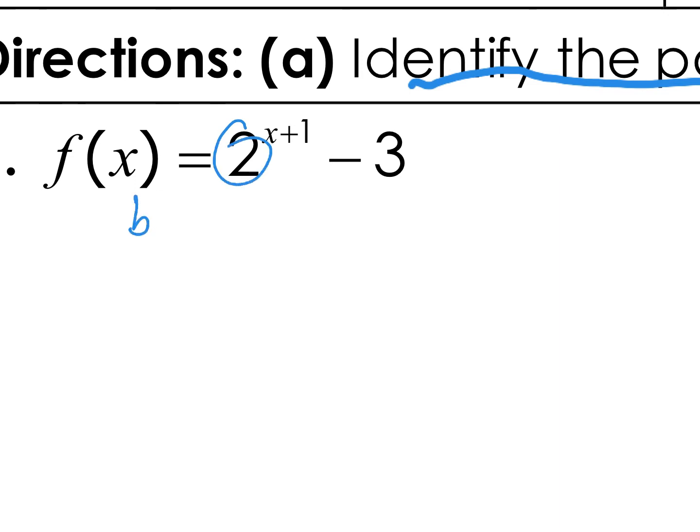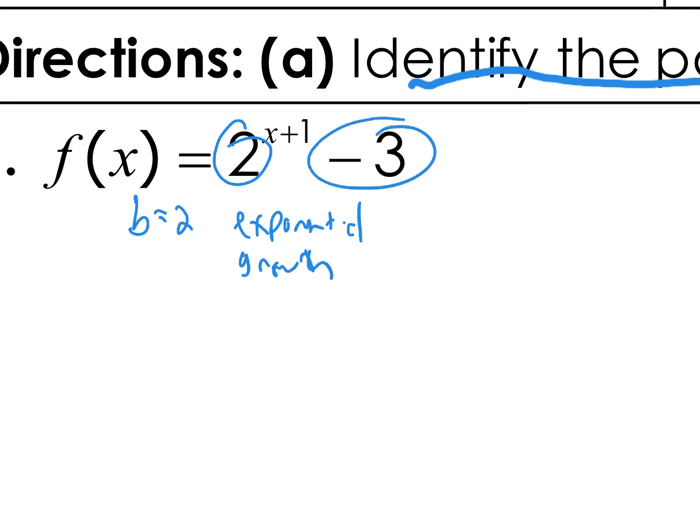Since b is a 2, this is called an exponential growth. Next thing I can see is, since I'm taking away 3 from the whole picture, this causes it to shift down 3 units.